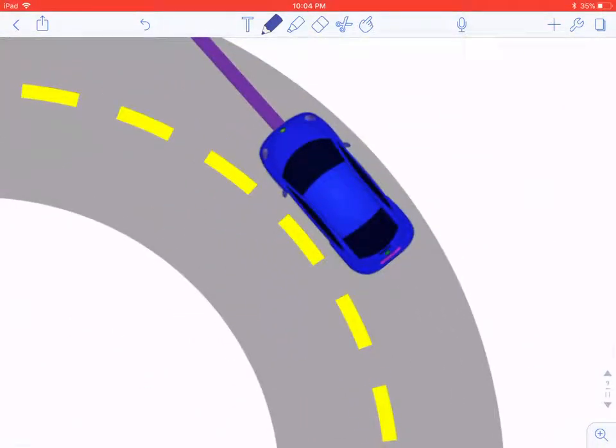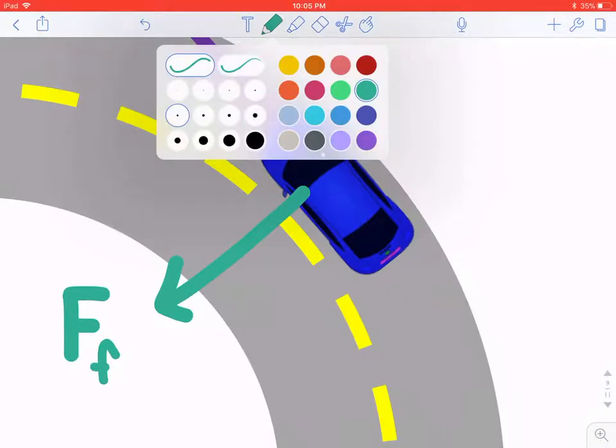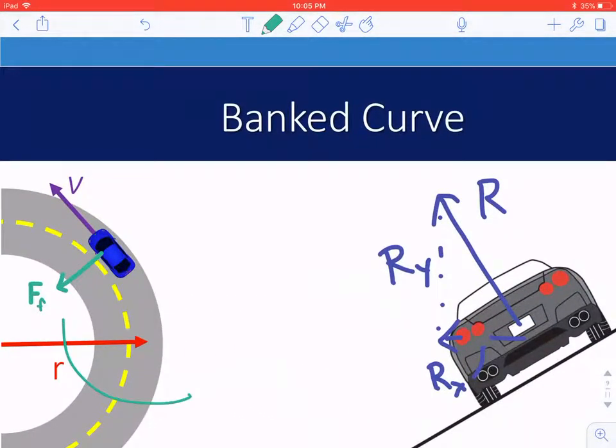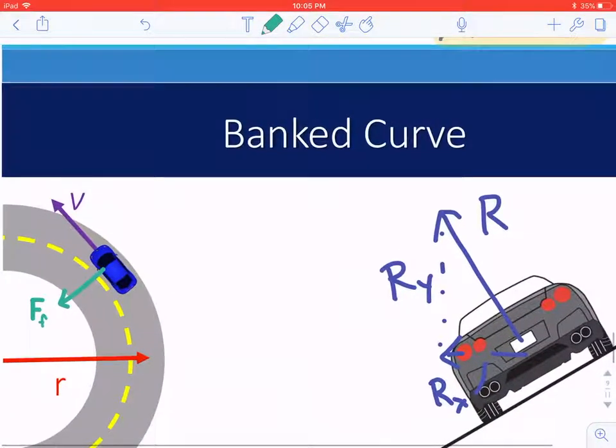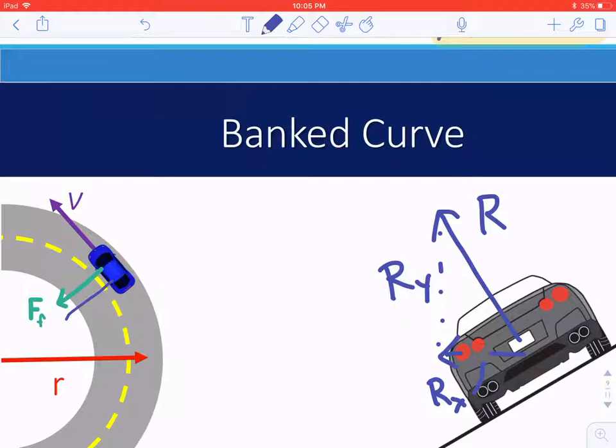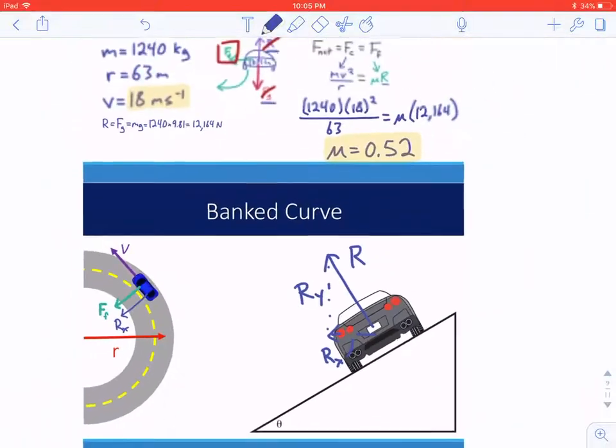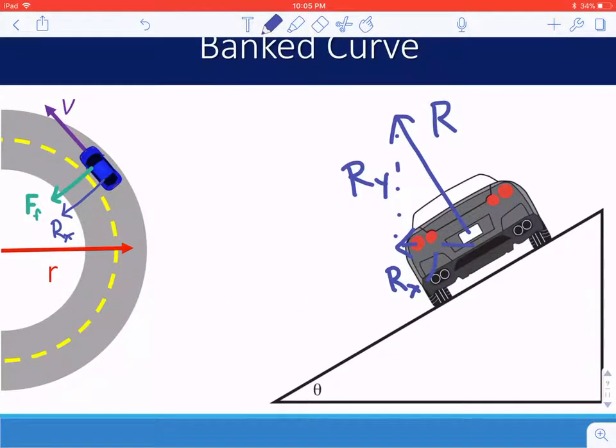The biggest thing that means is not only do we have the force of friction acting inward like we did before, but we also have this normal force, or at least a component of it, which we're going to call R_x, pointing in towards the center as well. Since those two forces act in the same direction towards the center, that means you can drive at higher speeds than the force of friction can support by itself, while still safely staying on the road.